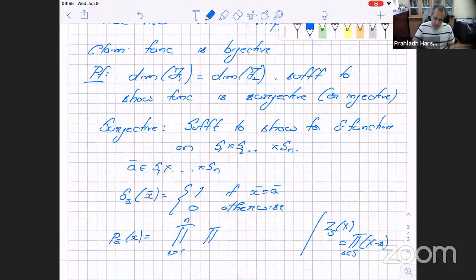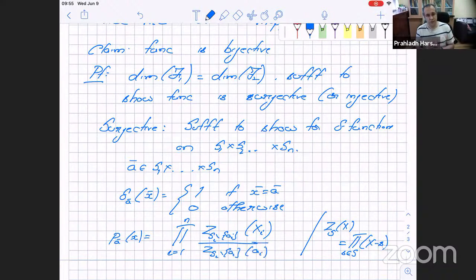So I'm going to now write this as Z_{S_i minus a_i} of x_i divided by Z_{S_i minus a_i} of a_i. I've written this polynomial. I have not pulled it out of somewhere. Let's just stare at this polynomial.